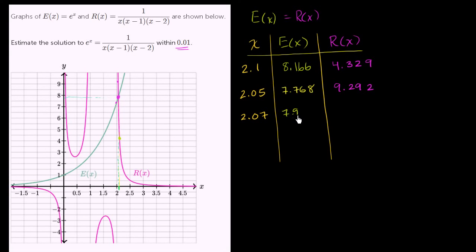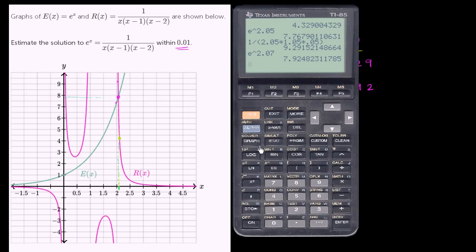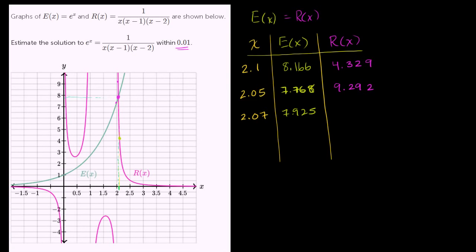Now let's evaluate r of x at that same value. So 1 divided by 2.07, times 1.07, times 0.07, which gives us 6.450.